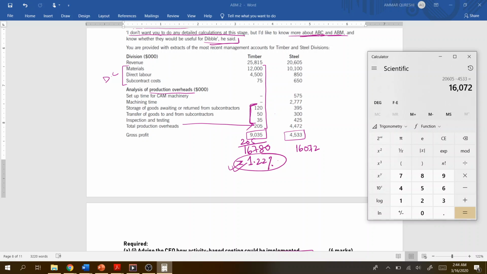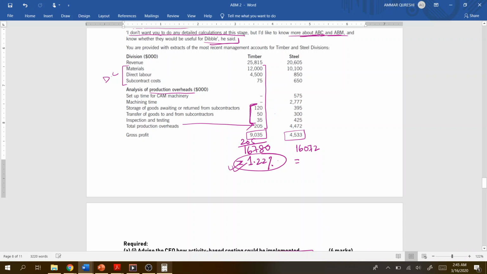And total overheads are 4472 divided by 16072. It's around 27.8%. Total overheads are 27.8% of the total cost, right?